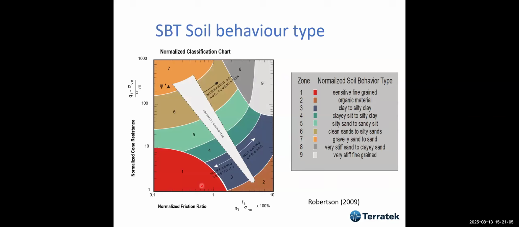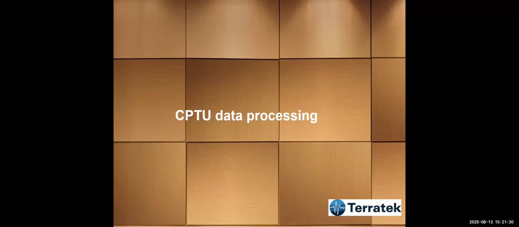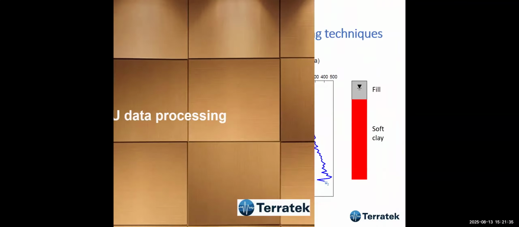This was published in 2009, this normalized behavior, and now there is an additional development that came up in 2009 too, the SPT normalized behavior. I won't go into much detail on that because I want to show you how to do the processing and use of CPT data.